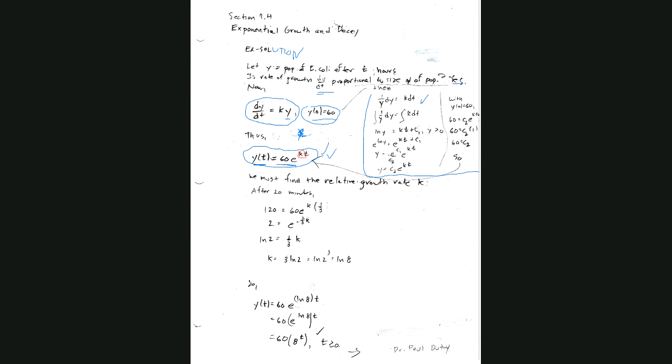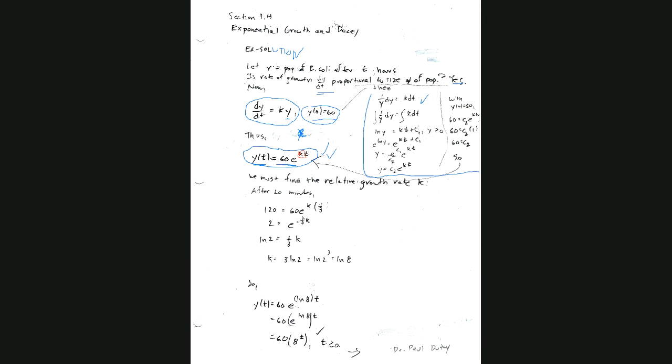So after 20 minutes, how many cells should there be? We're starting out with 60 cells. Well, if the cells were to be split, we'd have 30, but it's being doubled, so it would be 120.